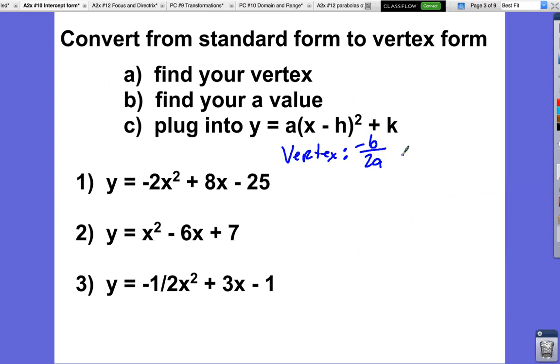So opposite of b over 2a is how you find your h value. Thirty more seconds.